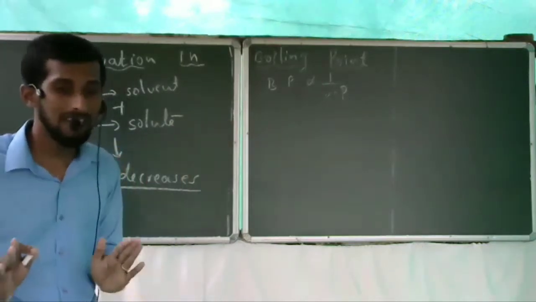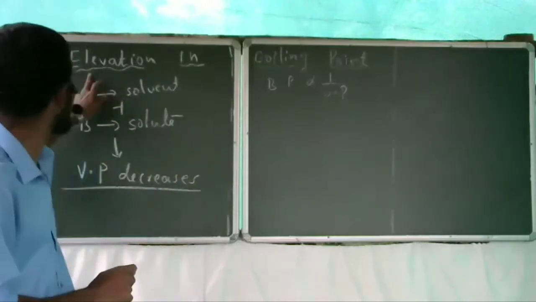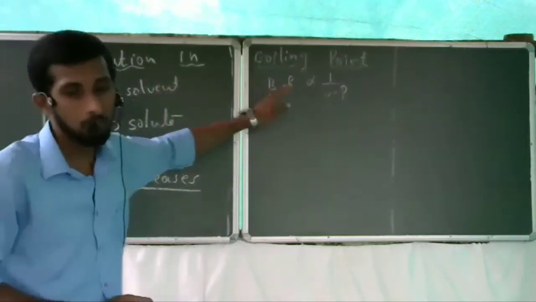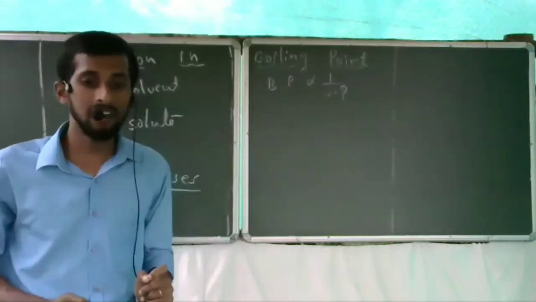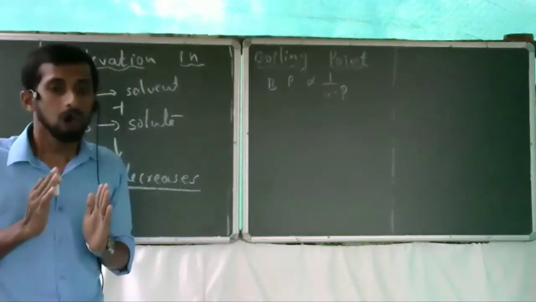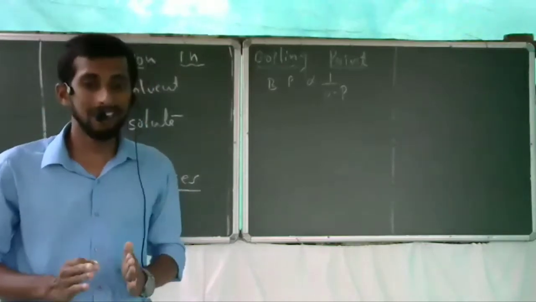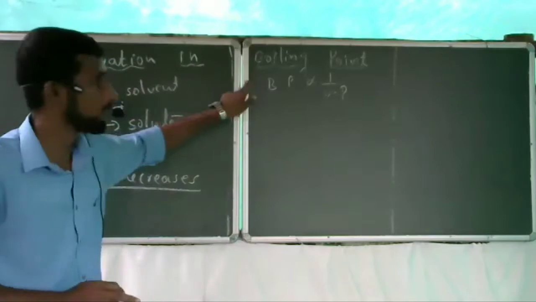So that is a simple relation between vapor pressure and boiling point. Okay. So that colligative property is called elevation in boiling point. If you add a non-volatile solid to volatile solvent, vapor pressure of the solution decreases. Because of that reason, boiling point of the solution increases.